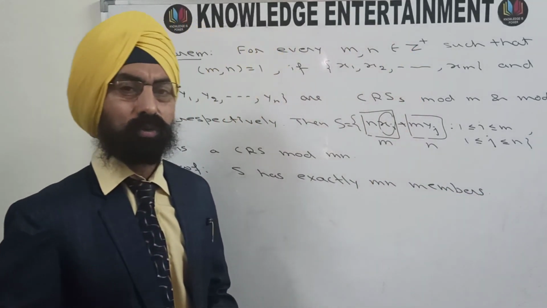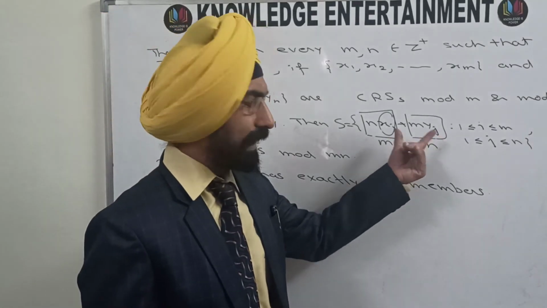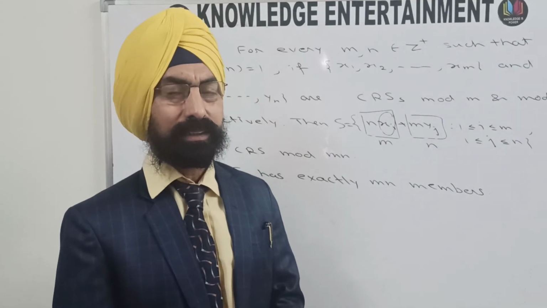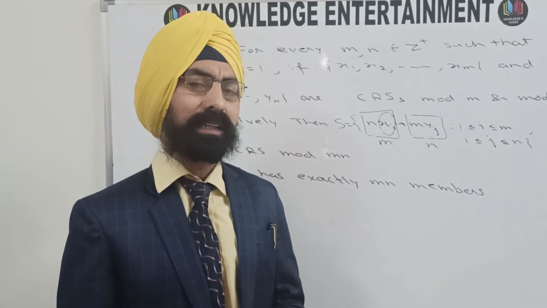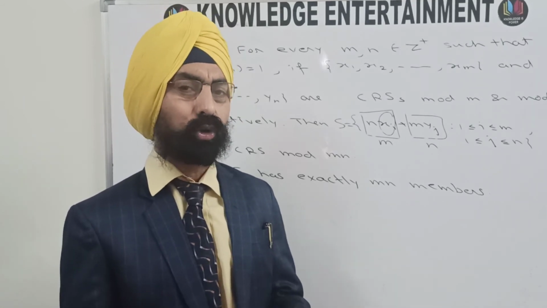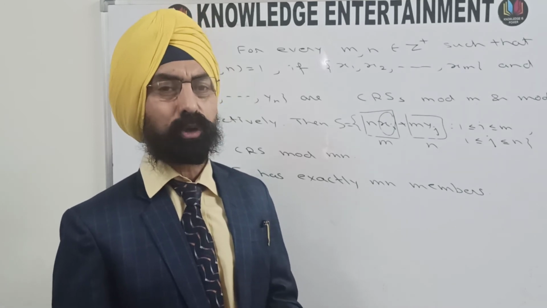Now we only have to show that no two members of this set are congruent to each other modulo mn. We'll do it again by way of contradiction. We suppose that there are two members which are congruent to each other modulo mn, and then arrive at a contradiction.